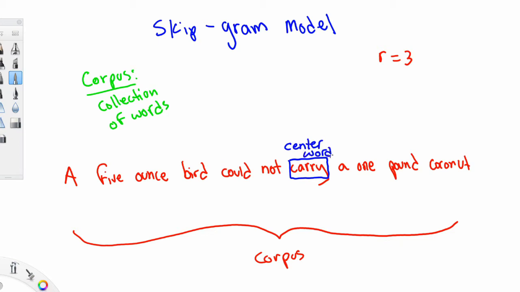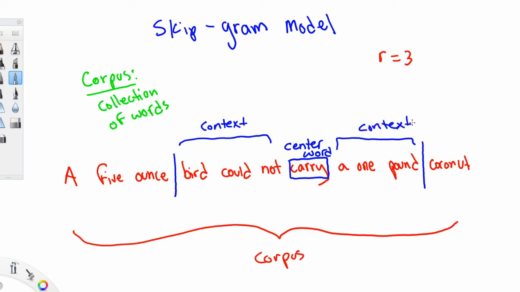Now, if our window size is 3, we're going to be calling 3 words on each side our context words. So bird, could, not, and a, 1, pound. So these are all context words, and each of these is a context word.